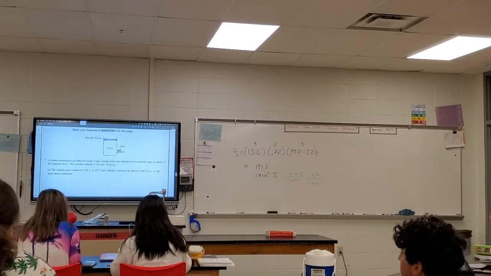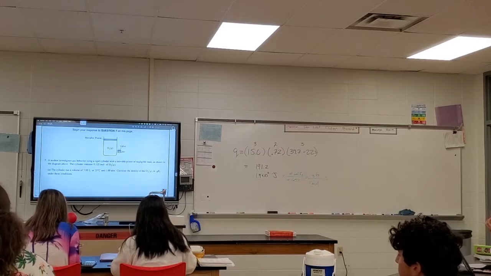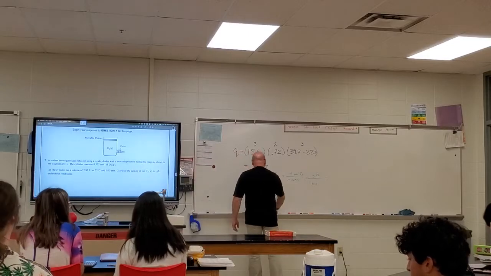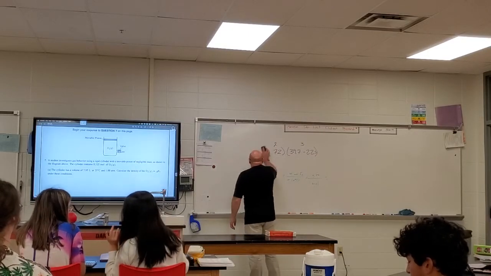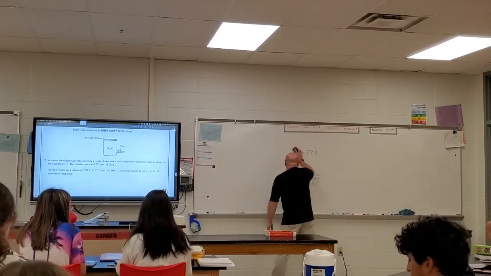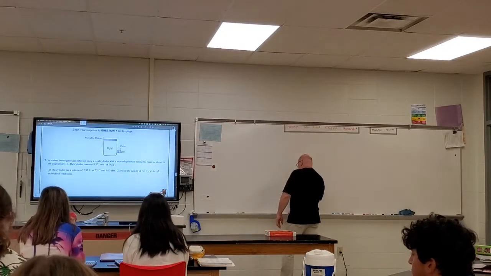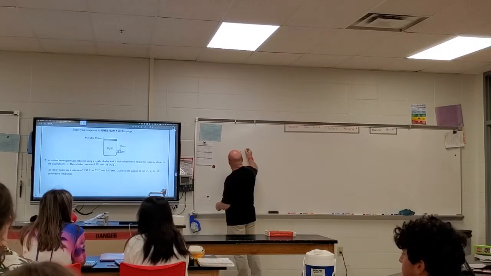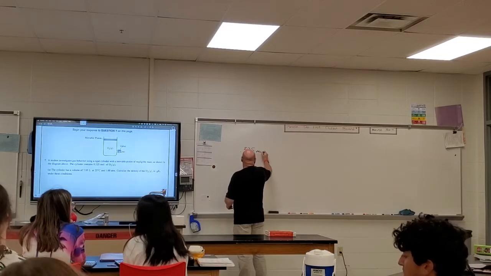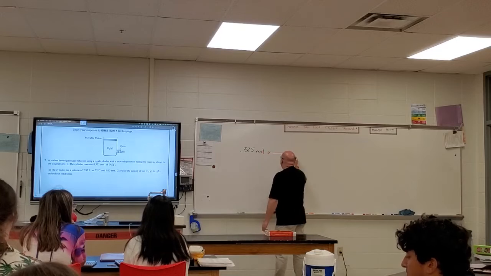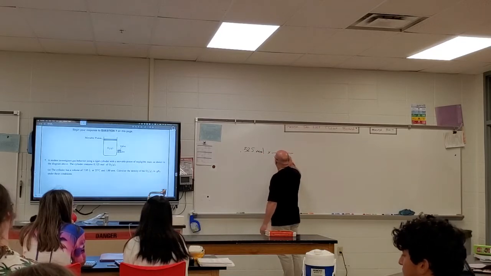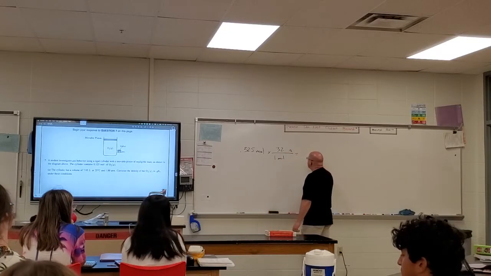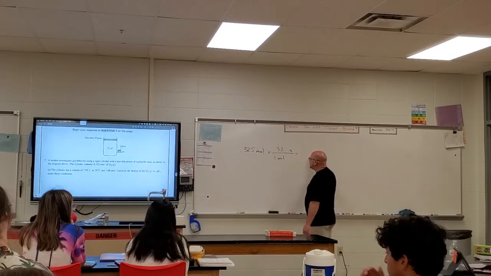Just got an answer, or at least can tell us what we need to do to get an answer. Steiner? Read my answer. 1.31. Tell me what you set up. 0.325 moles of O2 times 32 grams, divided by 7.95 liters.